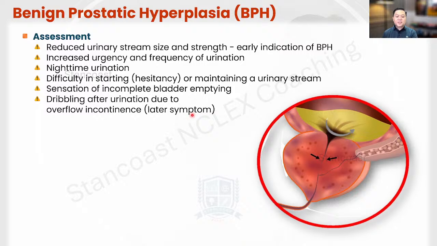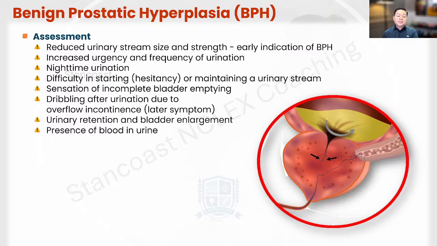Another is urinary retention and bladder enlargement. Because of the prolonged retention of urine in the bladder, it really has to accommodate that volume inside, and it will cause some weakening of the muscles of the bladder as well.